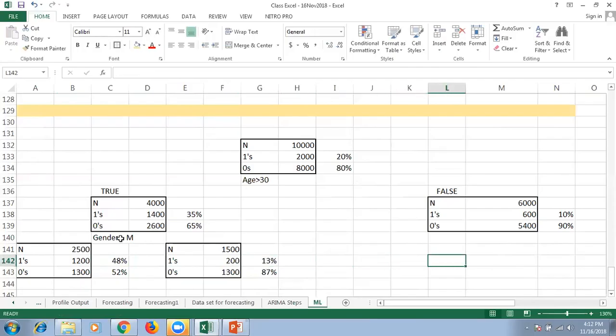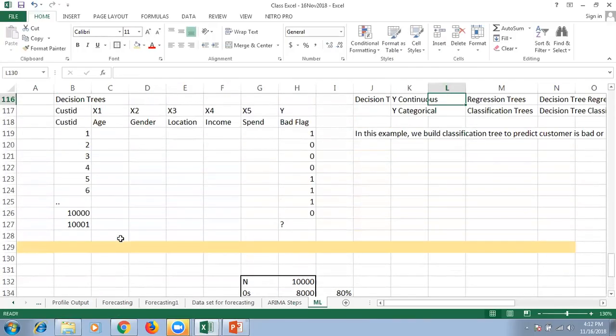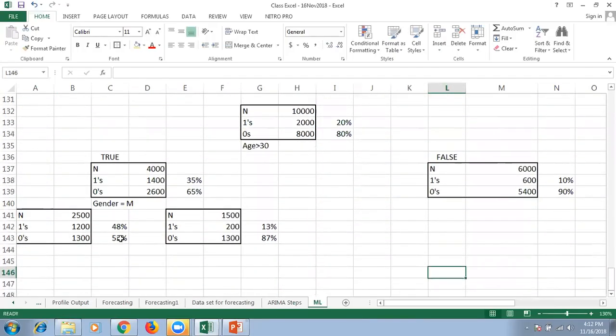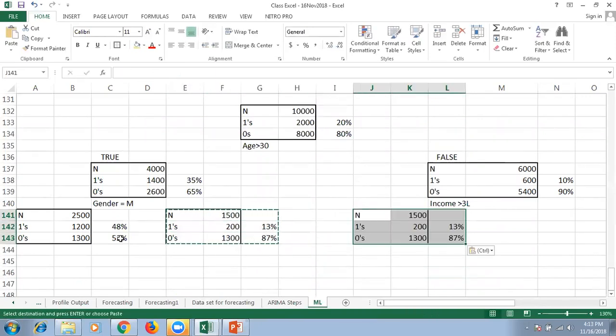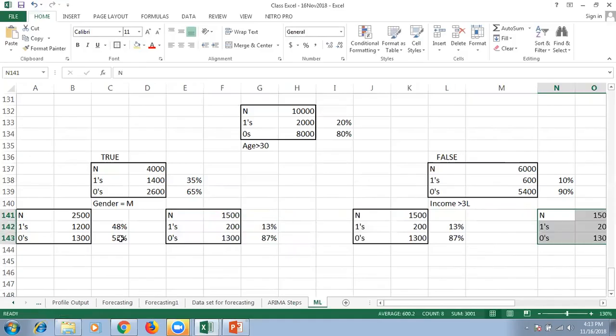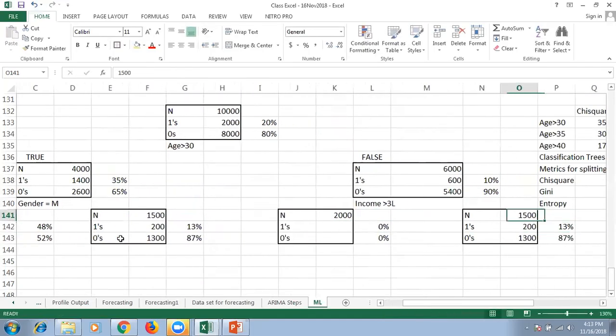And here, what is the other variable we have? Location. Okay, in this case, I got income as a variable. If income is greater than 3 lakhs, you got the split like this, and the other split like this. Out of the 6,000 customers, only 2,000 customers have greater than 3 lakhs income, and 4,000 customers have less than 3 lakhs income.